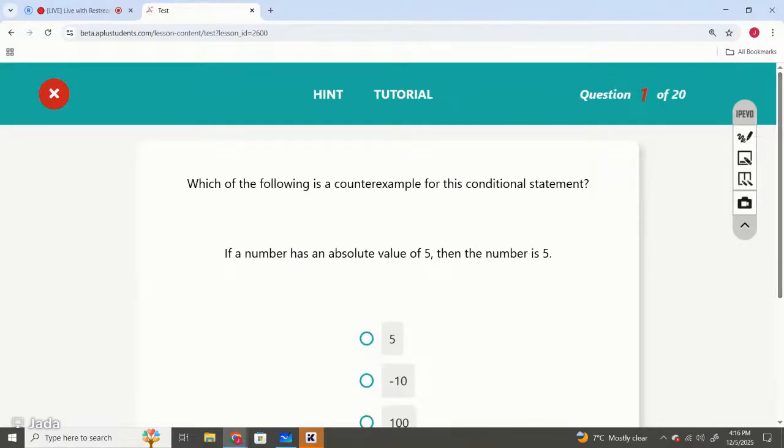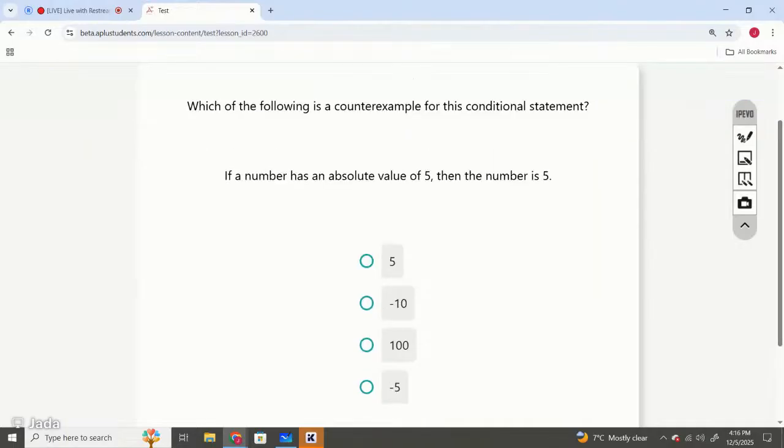Which of the following is a counter example for the conditional statement? If a number has an absolute value of 5, then the number is 5. So, for the counter example, the hypothesis must be true, but the conclusion is false.